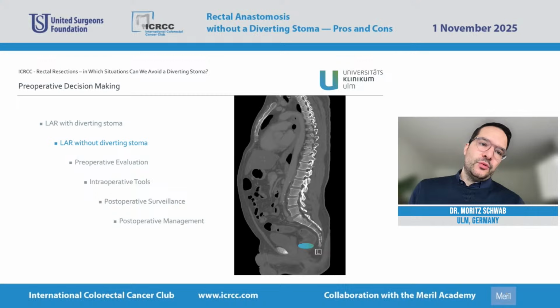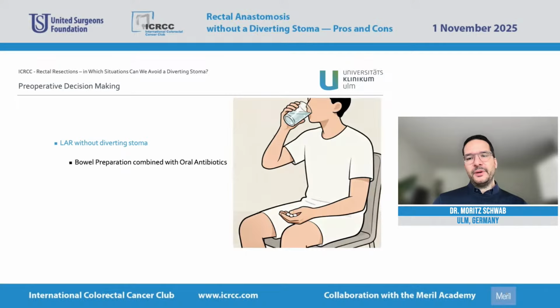The LAR without diverting stoma is the situation we always try to achieve. But first, we have to prepare our patients before we take them to the OR. With preparation, I mean the bowel preparation combined with oral antibiotics.